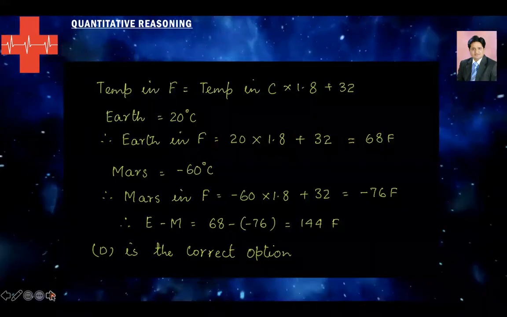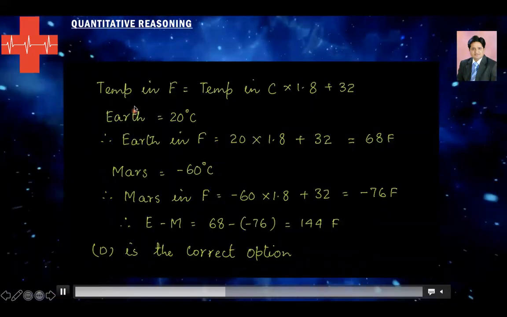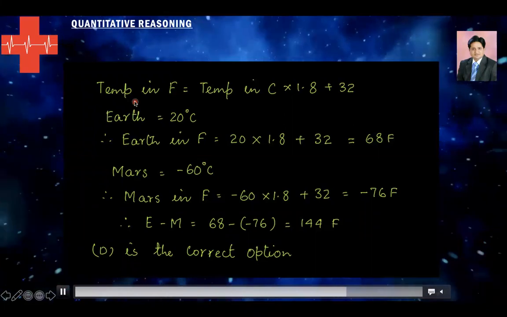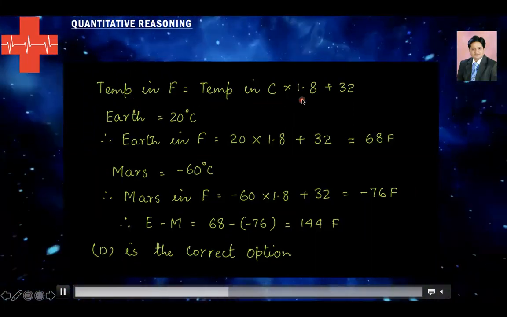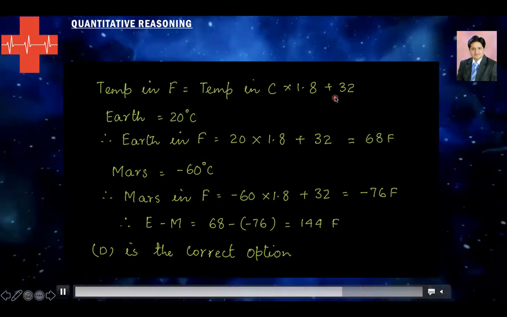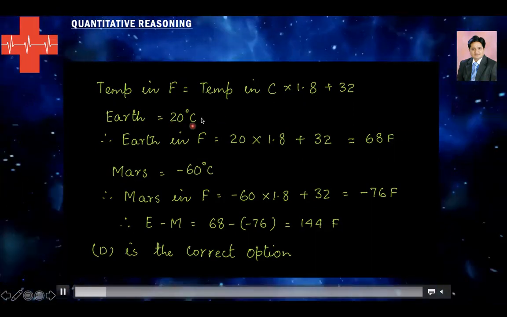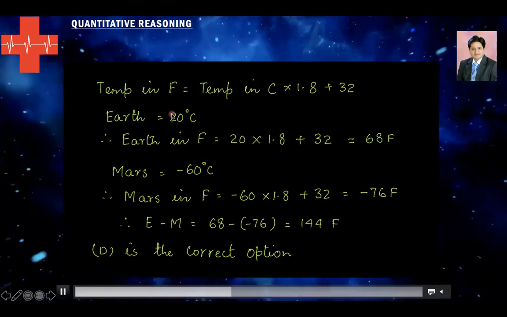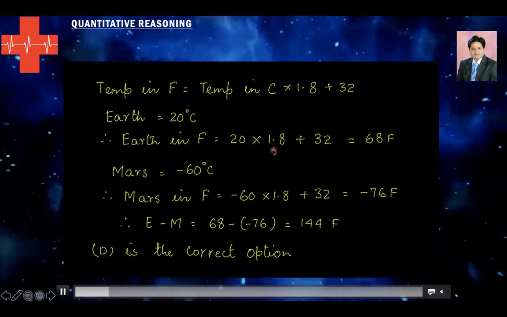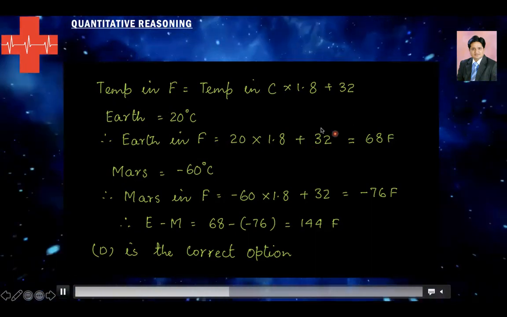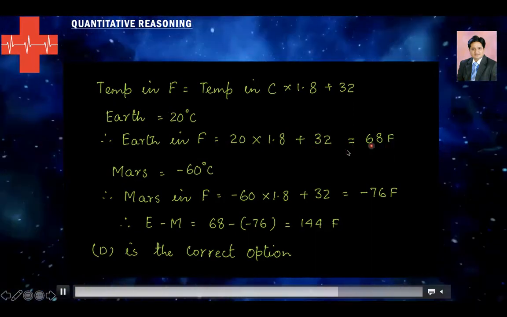So here comes your answer. The conversion factor is temperature in Fahrenheit is equal to the temperature in degrees Celsius multiplied by 1.8, added to 32. So for Earth, the temperature is 20 degrees Celsius. So in Fahrenheit, we have 20 times 1.8 added to 32, which gives you 68 Fahrenheit.